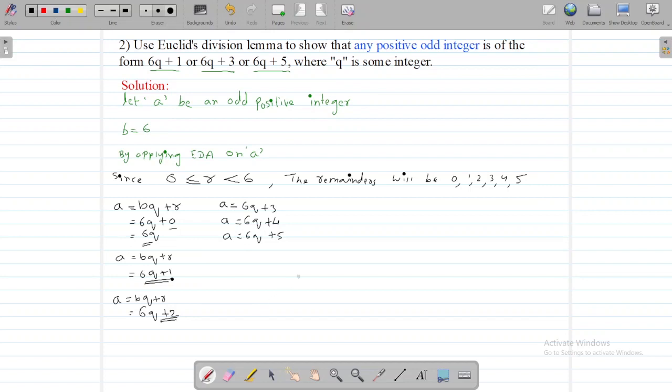So these are our values of a, but in the problem we know that a is an odd number.